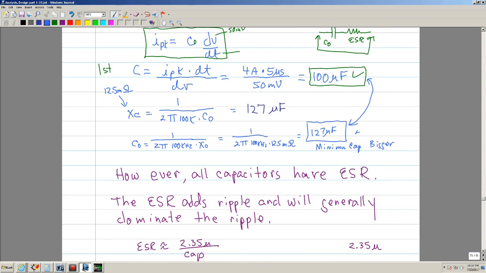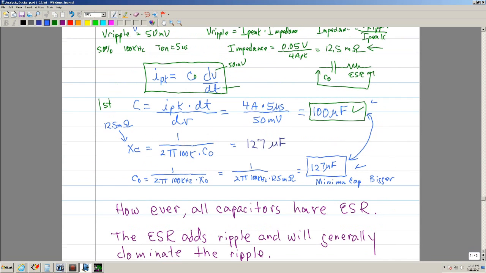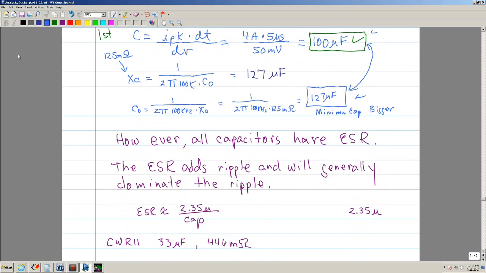Okay. So it's pretty close in agreement to what we calculated. So that proves that this equation will give you the absolute minimum. But the problem is all capacitors have an ESR associated, and that ESR will add ripple and will generally dominate the ripple.